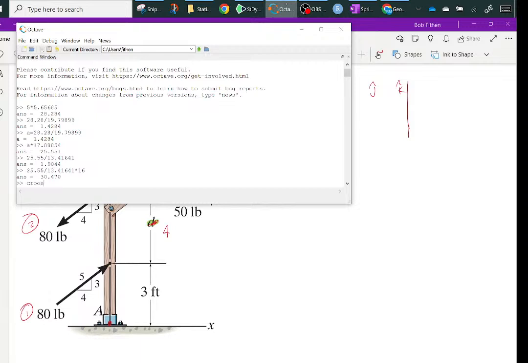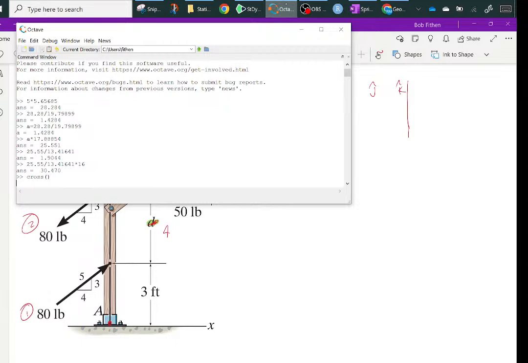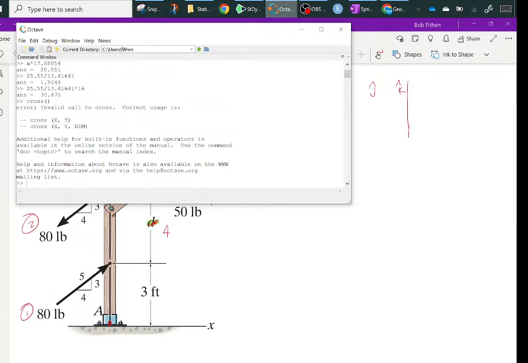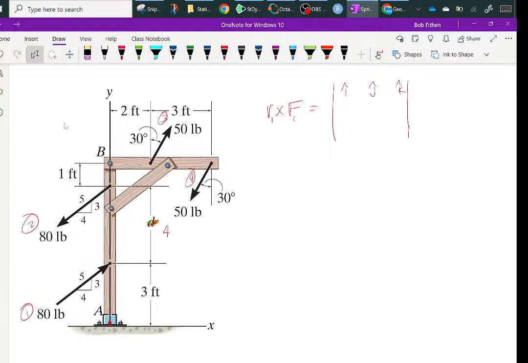There's a cross term. It tells you you can do a cross X and 2 vectors cross X and Y. And so what I'm going to do is list all these out, and that'll make it easier for me to do.